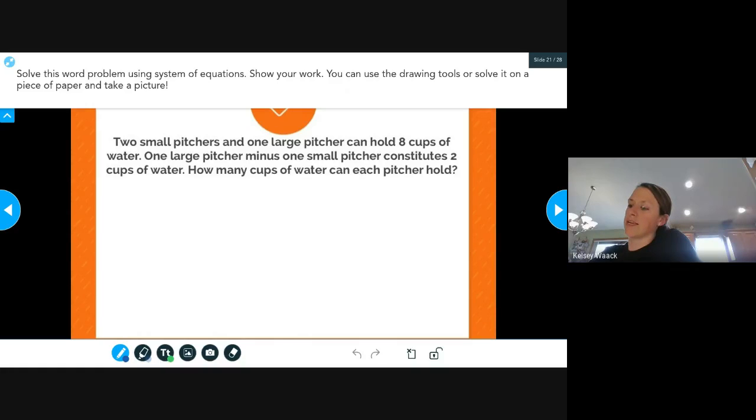So if I say 2x plus 1y equals 8, and we're saying x equals small, right? Y equals large. 1 large pitcher minus 1 small pitcher holds 2 cups of water. So 1y minus 1x equals 2.